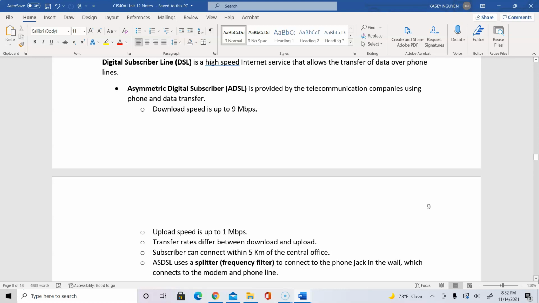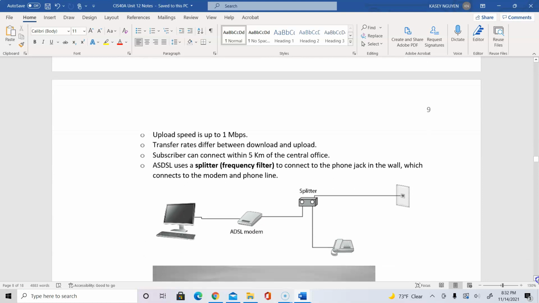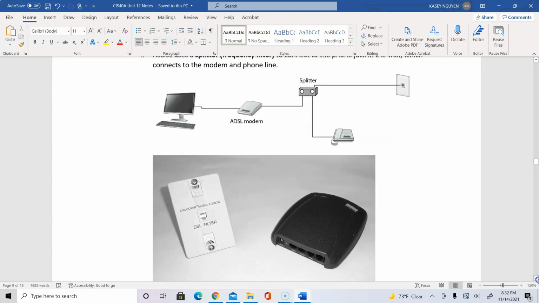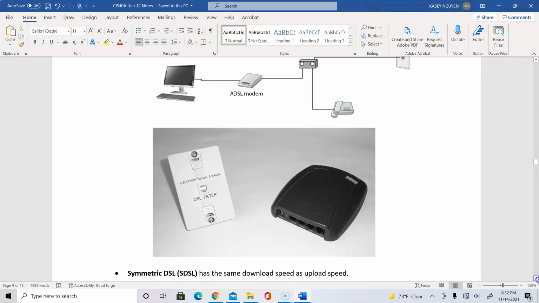The ADSL uses a splitter, which is used for filtering frequency. It would then connect to the phone jack in the wall, and then the splitter would have a line to connect to your modem. And that would give us the in and out for our phone and our data.